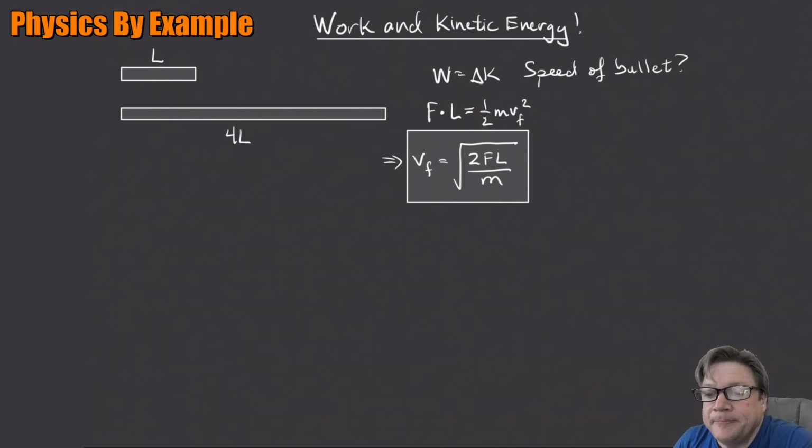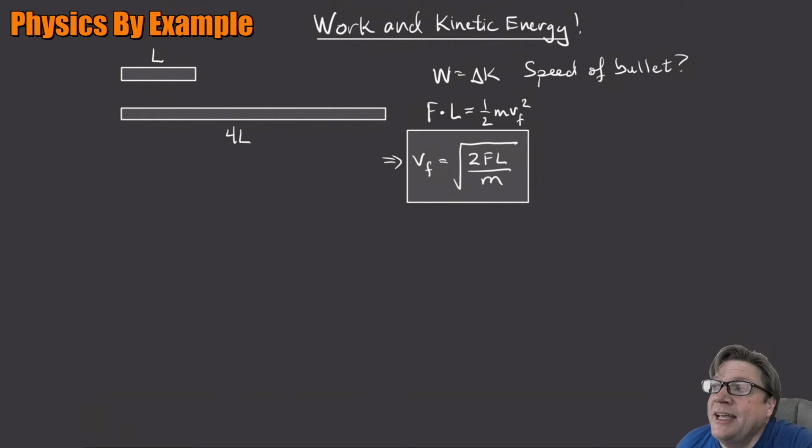Okay, so what I want to know is if I increase the length of the barrel to 4L. Again, this is kind of what the whole exercise is about. In physics, a lot of times we have an expression like this, and we're not terribly concerned with plugging in numbers to get an actual number for V, right? The important thing in physics, it turns out, is understanding the relationships between the length of the barrel and the speed.